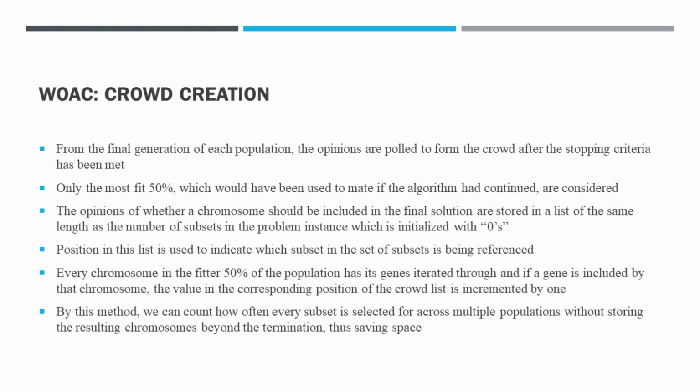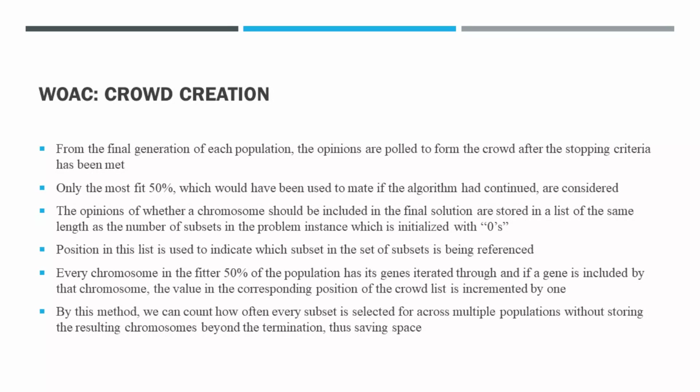The opinions of whether a chromosome should be included in the final solution are stored in a list of the same length as the number of subsets in the problem instance, which is initialized with zeros. Position in this list is used to indicate which subset in the set of subsets is being referenced.